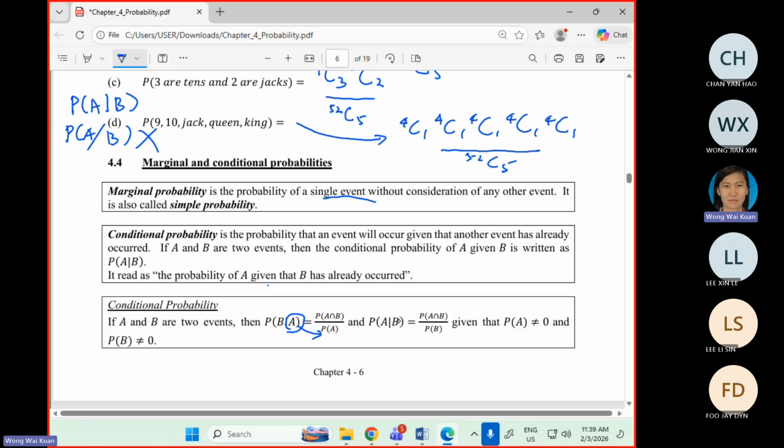So if A given B, then it is the probability of A and B divided by the probability of B. Divided by the probability of B means now the probability of B is the whole thing. Okay, we look at this, then hopefully you know better. Given that these two cannot be zero, because you cannot divide by zero, right?